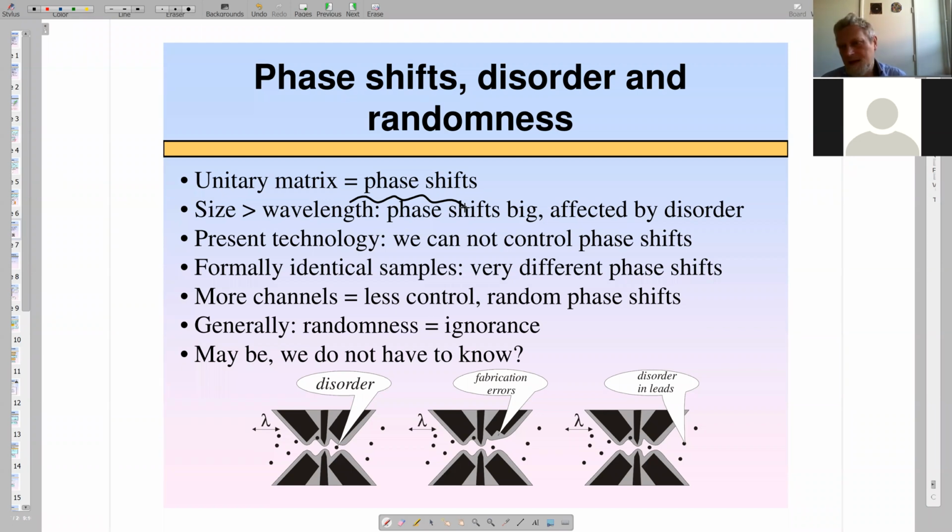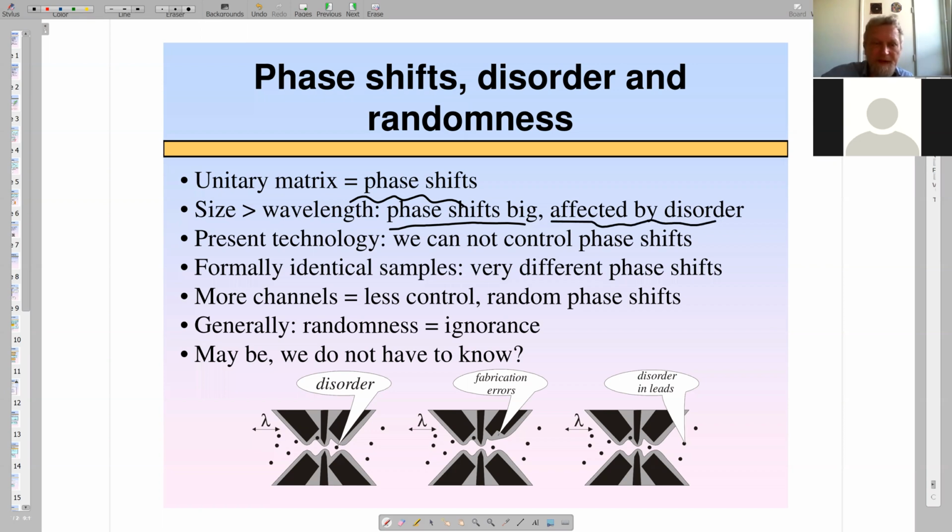The sizes of realistic nanostructures are at least several times bigger than the electron wavelengths. So the phase shifts are big. All possible imperfections in the structure are very easy to affect and mix up these phase shifts.